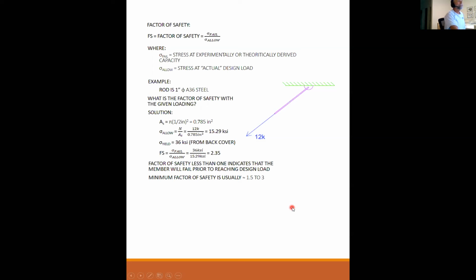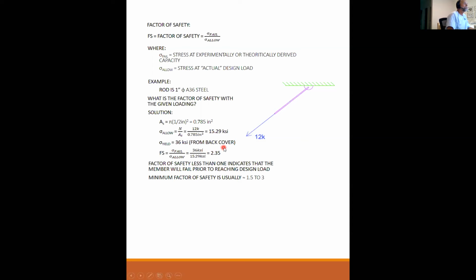Now, as I mentioned, originally in design courses, this was the way we designed things. So, for instance, for steel, what they would do is you add up your loads as best as you can, and then you compare them to some failing load, and you get a factor of safety.